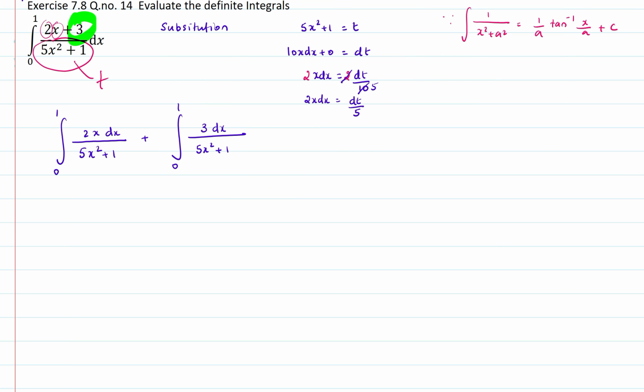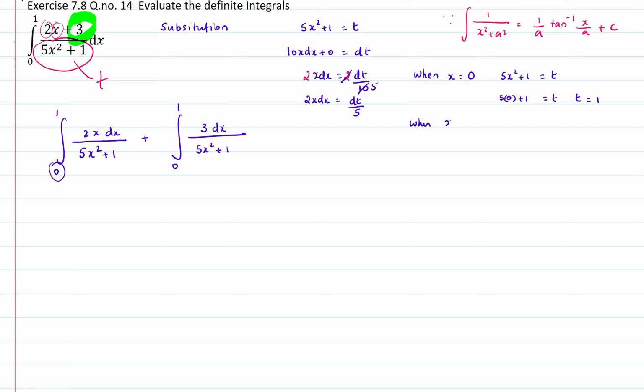Also, since we are going to use the substitution method, the limits here are with respect to x. Now we have to find limits with respect to t. Therefore, when x is equal to 0, 5x square plus 1 is equal to t will be 5 into 0 plus 1 is equal to t, so t will be equal to 1.